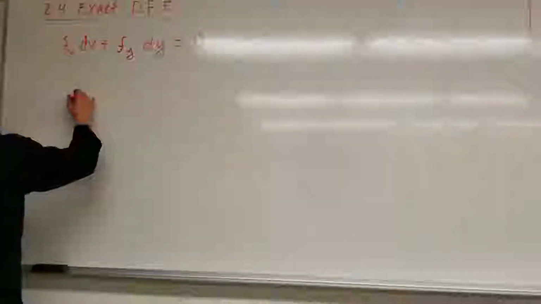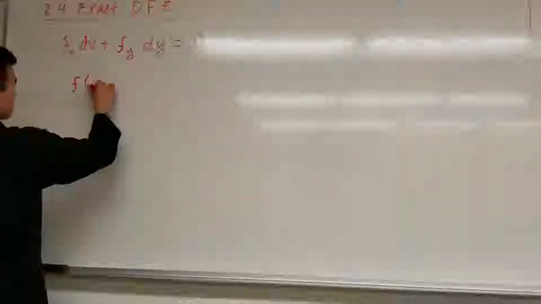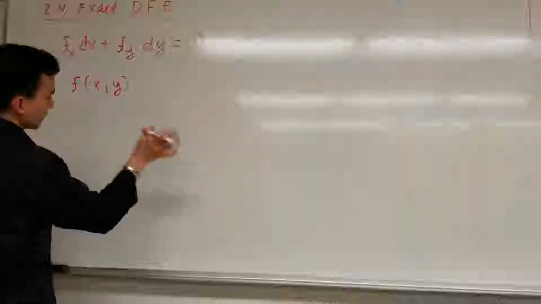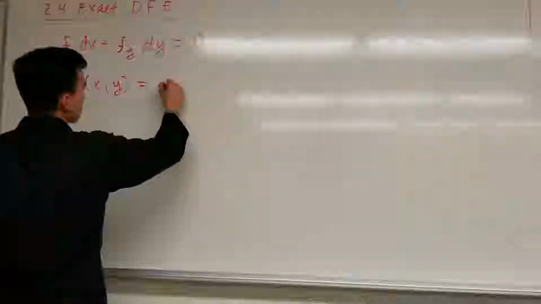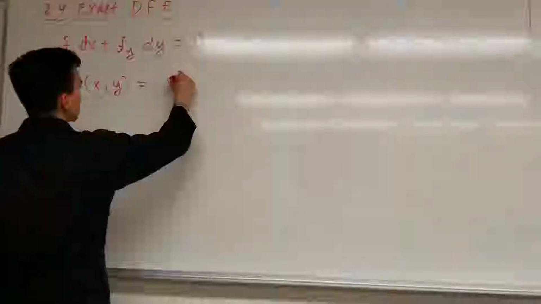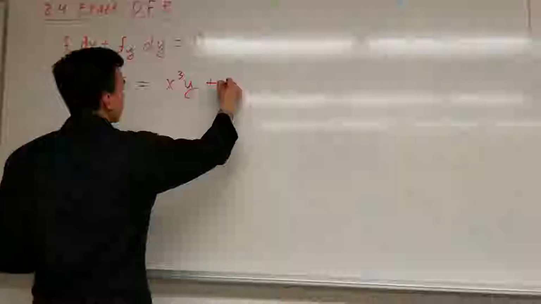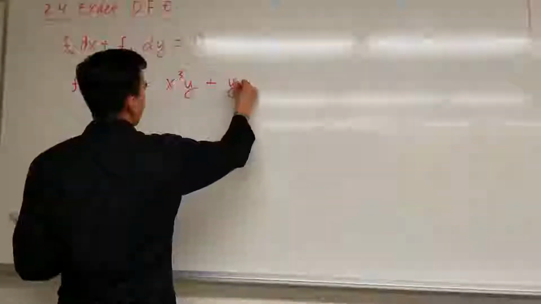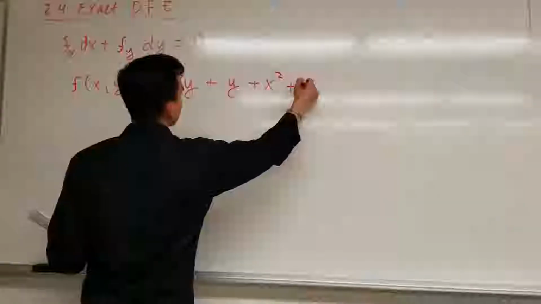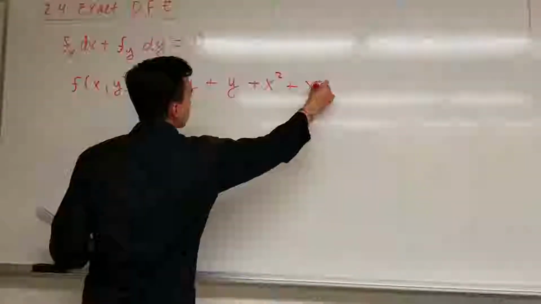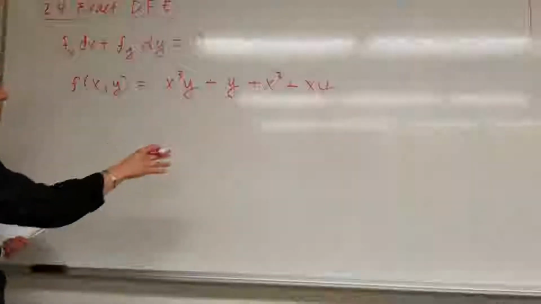We're always going to have a function, f of x, y, and that's going to represent our function. Let's just say this is x cubed times y plus y. Okay, so this is our function.